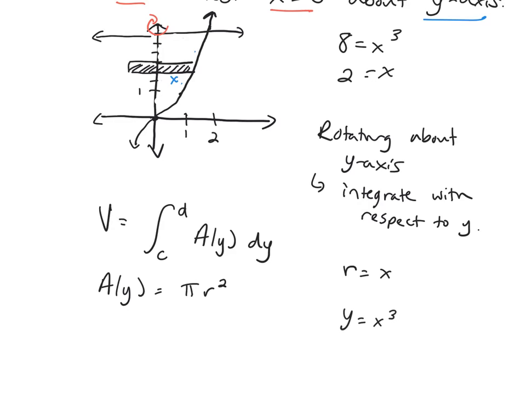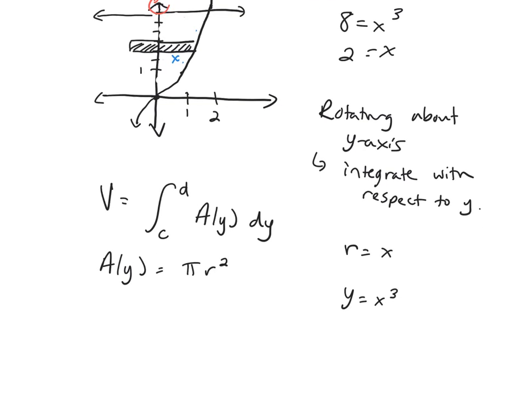So you're going to have to solve for x in this equation. If you solve for x, you're going to get y to the 1/3 power. And that is your r here. Okay, so r is going to be y to the 1/3.